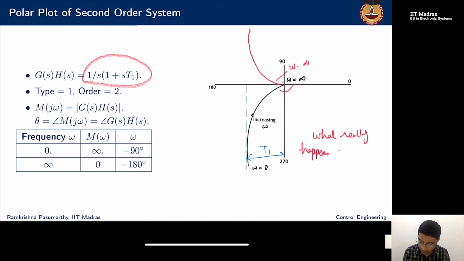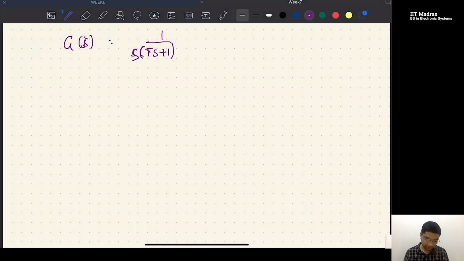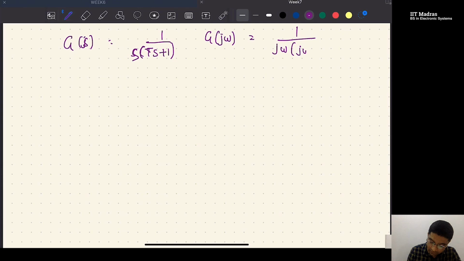So what really happens at omega equal to 0? Let me write down a few things. I have G(s) equal to 1 over s(Ts plus 1). Writing the sinusoidal transfer function, G of j omega is 1 over j omega (j omega T plus 1). This means I have a pole at the origin, and I draw a small contour around it.